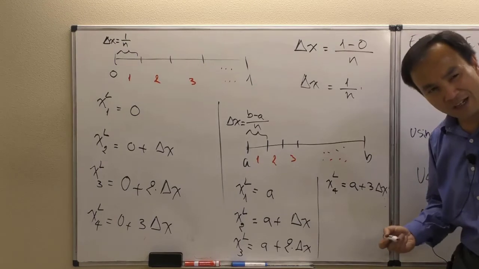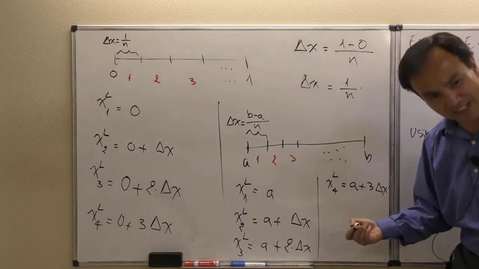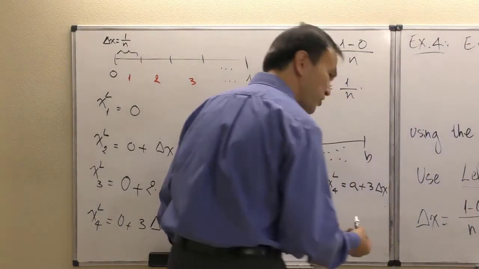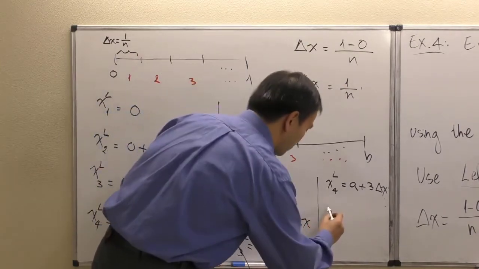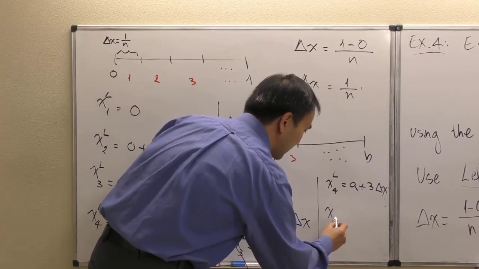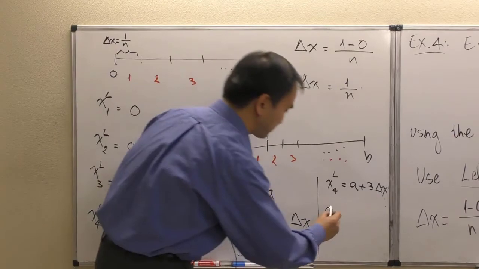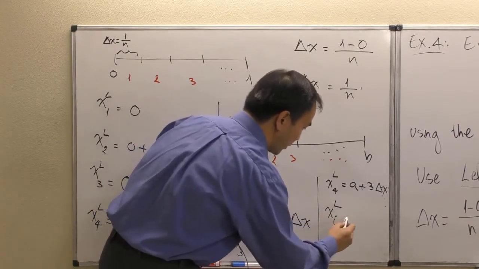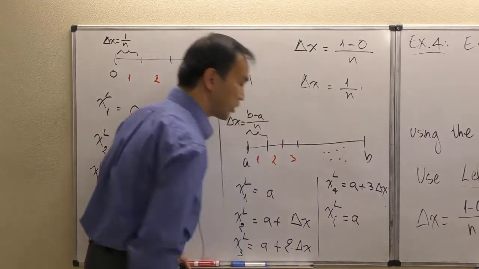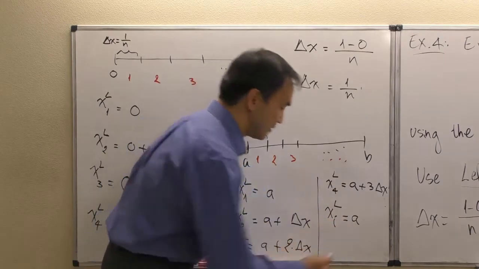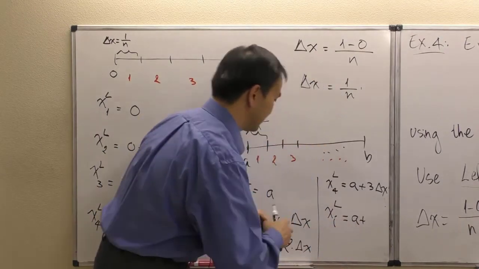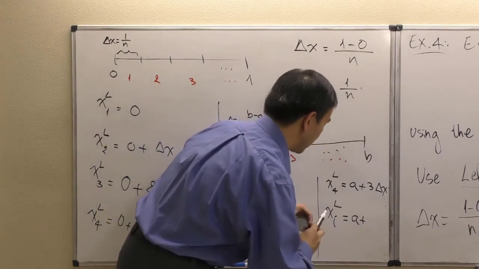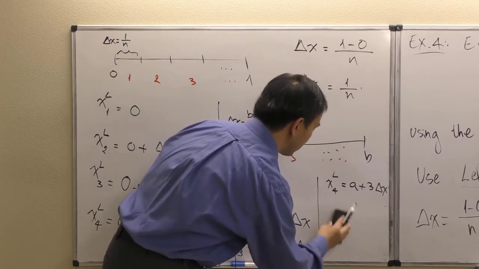And so now it gets us into a rule. Generally, at any ith interval, the left endpoint will be obtained by the starting point a plus, and just now I realize I need more space.